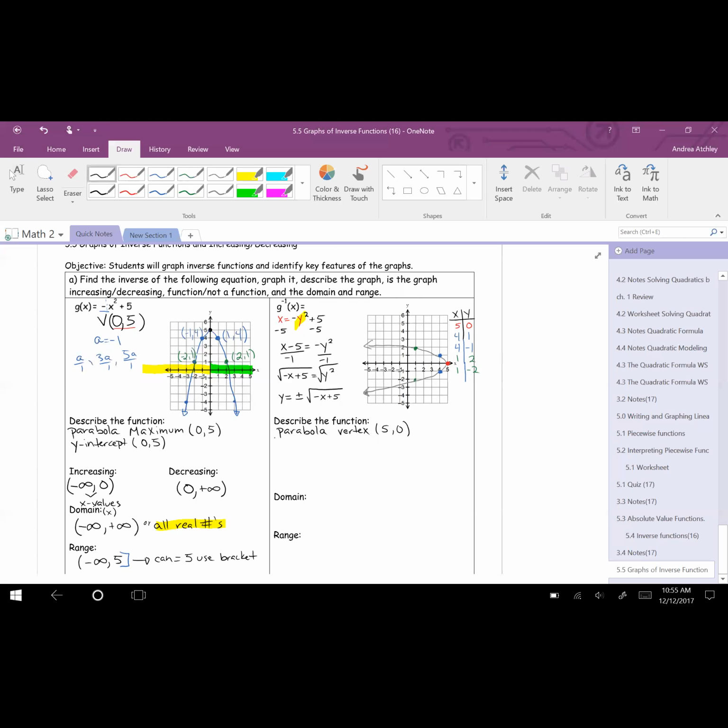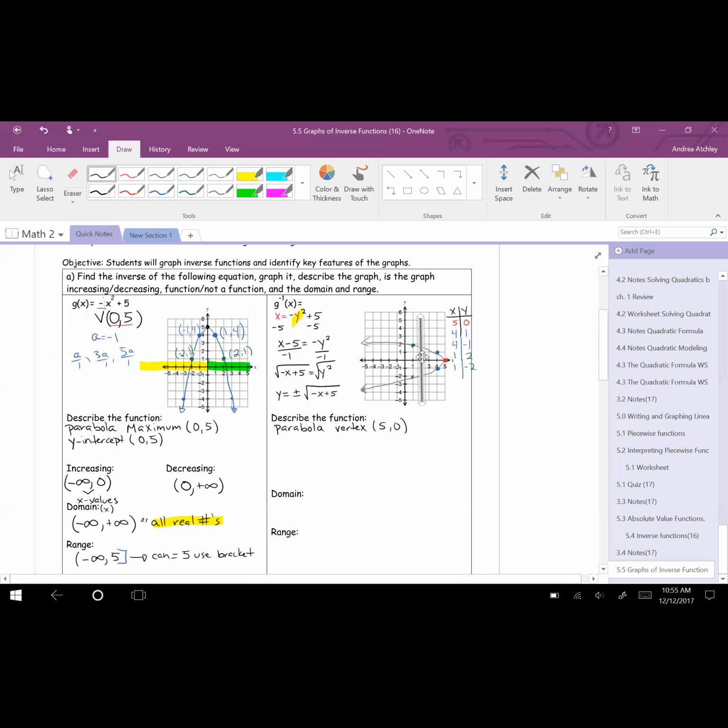Is this a function? You guys remember the vertical line test? If I take a vertical line, and if I hit my graph at any 2 points during that vertical line test, then it's not a function. Because the definition of a function is for every x value, there's exactly one y value.